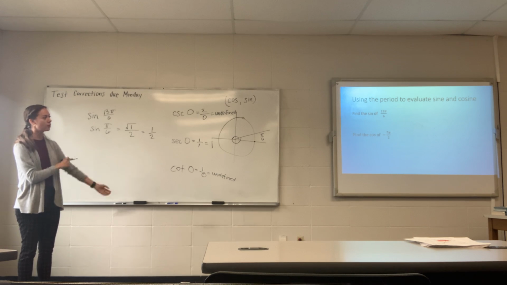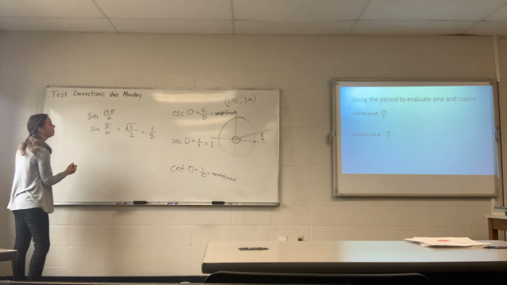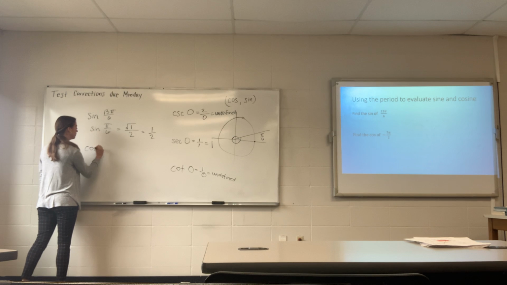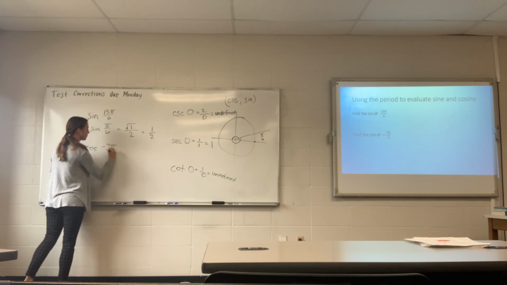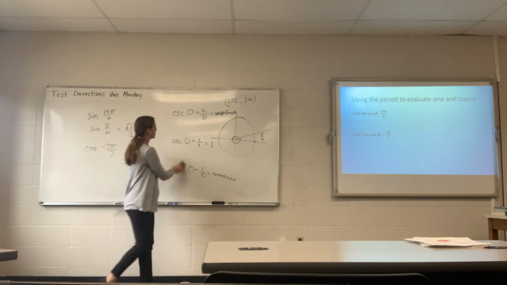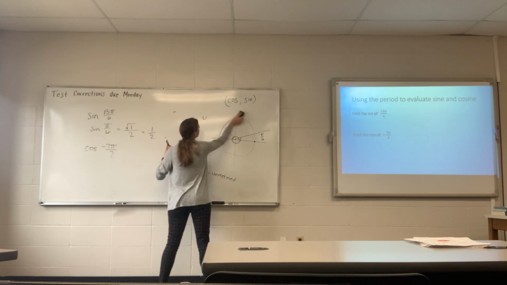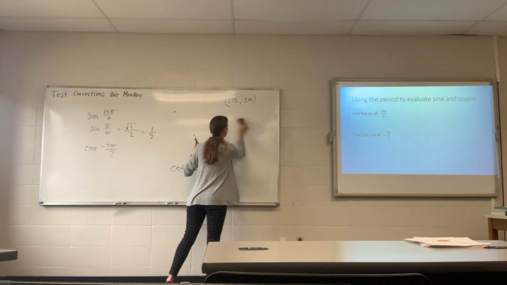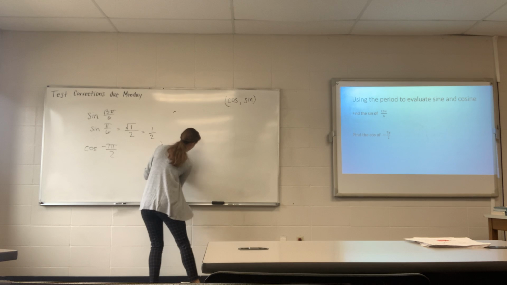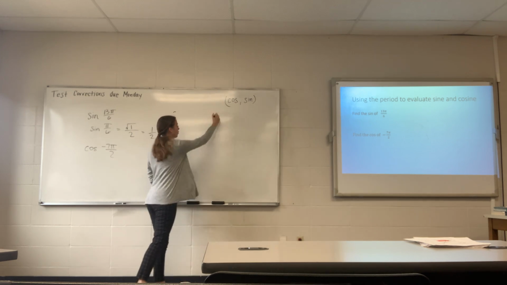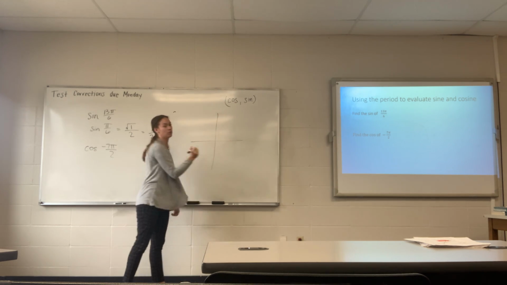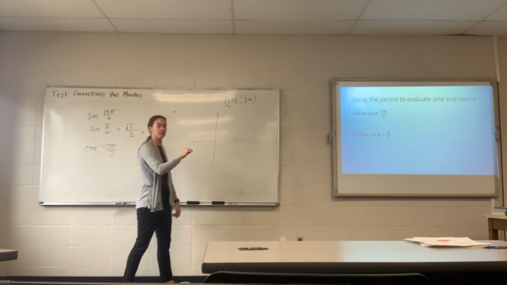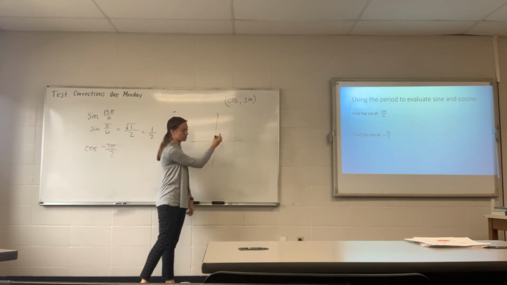Okay, let's try cosine of -7 pi over 2. So first we need to figure out where this angle is. So if I draw myself a little picture, what does the negative mean? It goes backwards.